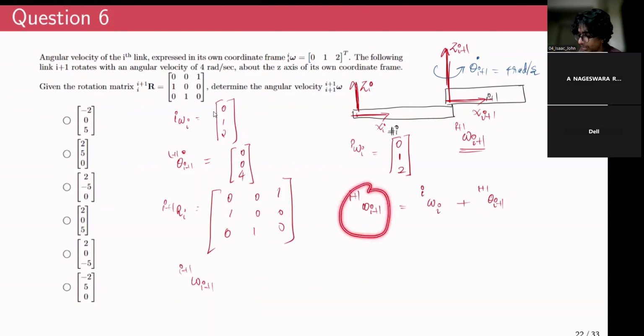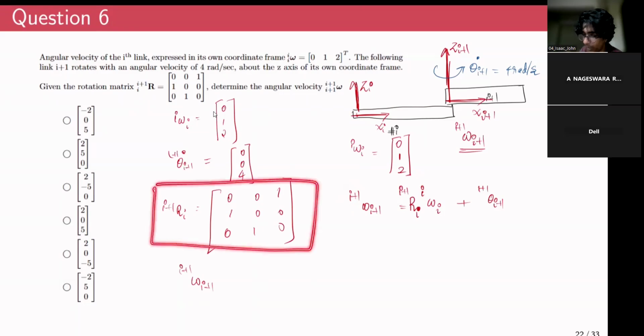So this is what we desire. We have this information, but here you can see it is referred with respect to the ith frame. So to bring this to the I plus 1 frame, we pre-multiply that with the rotation matrix, I plus 1 with respect to I. That was provided in the question itself.